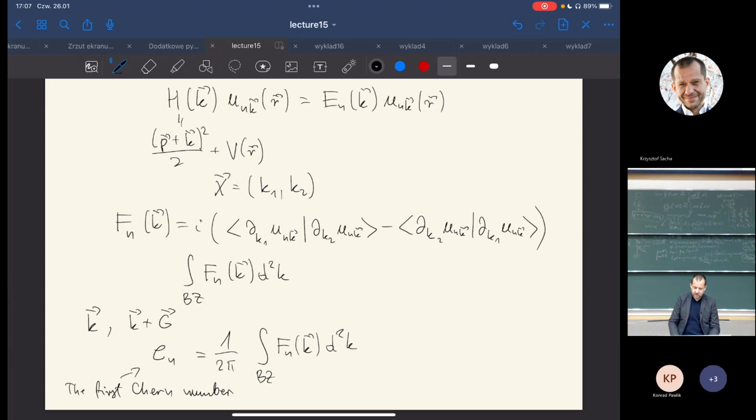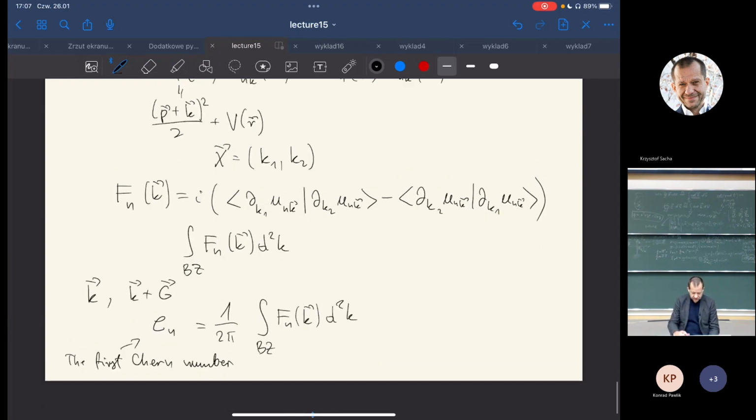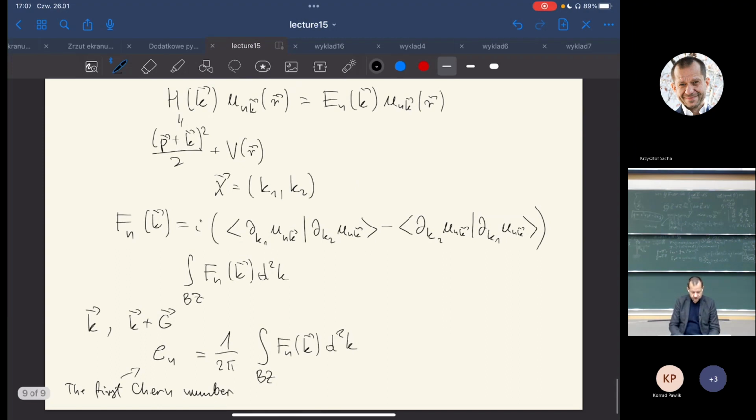This Chern number can change if the gap is closed. That is one thing. The other thing is that if we calculate a Chern number for each band of our system, and for each band this Chern number is equal to 0, then we have a topologically trivial system.